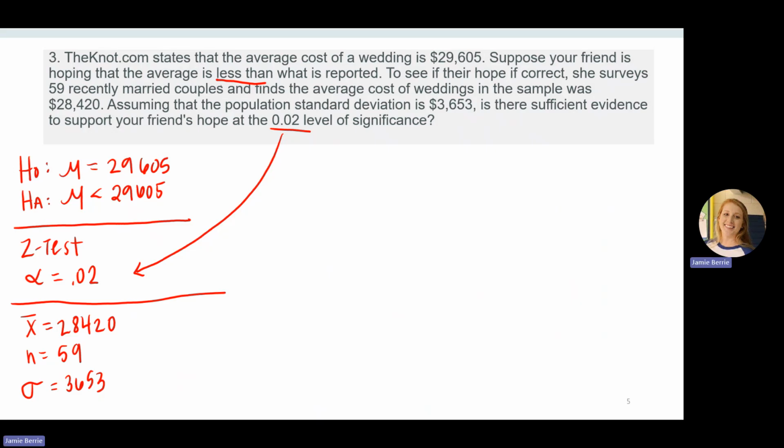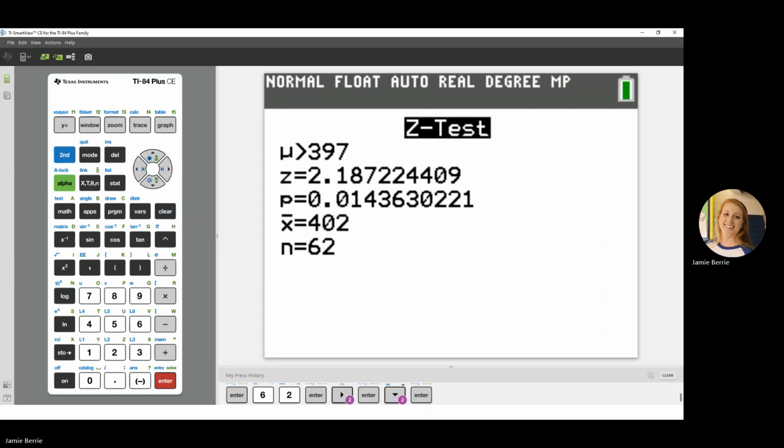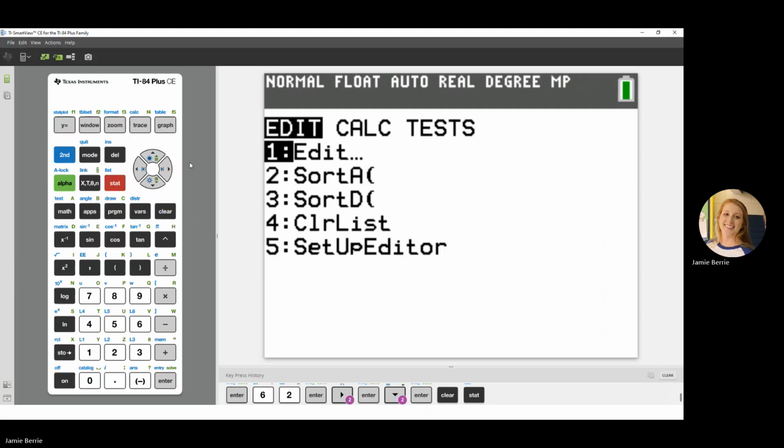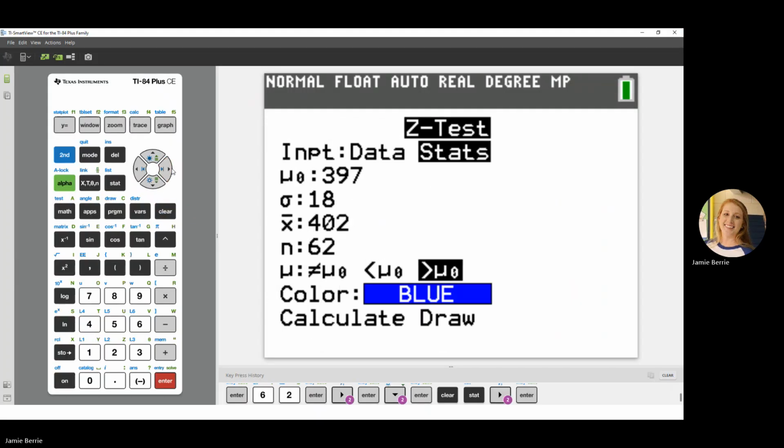Okay, I'm grabbing my calculator. Put that in the wrong spot.